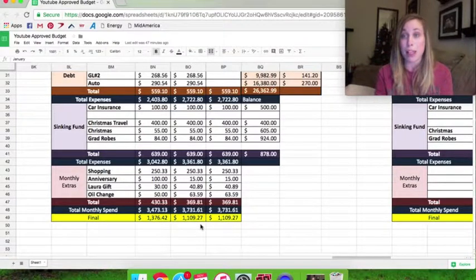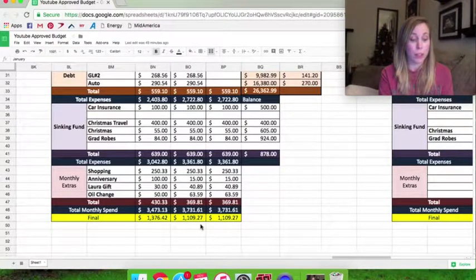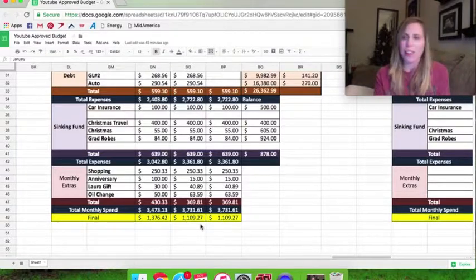So this month, had I not made an extra payment at all, it would have taken my debt from a little over $8,100 down to $8,049.